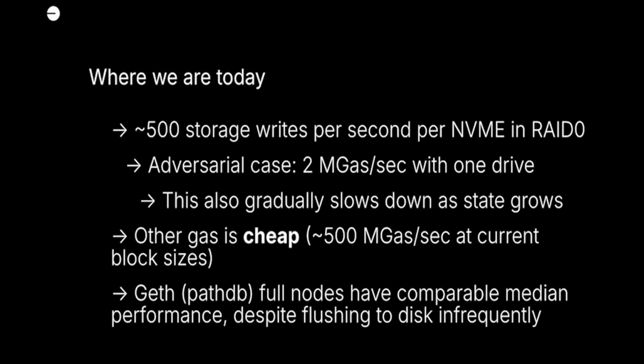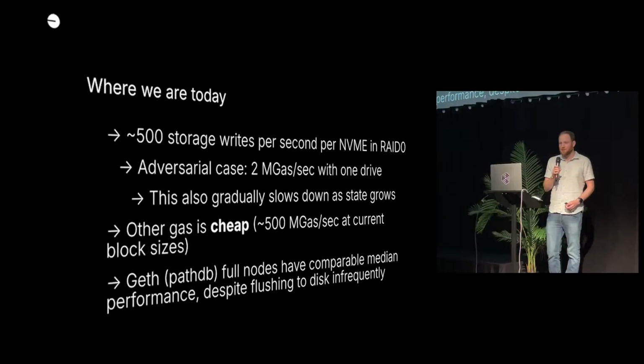And the other takeaway here is that Geth full node on PathDB generally has an average case that maps to the middle case for Reth. So that was when you have storage-heavy, but not pathologically optimized storage-heavy access patterns, even though it's only rarely actually flushing the disk.